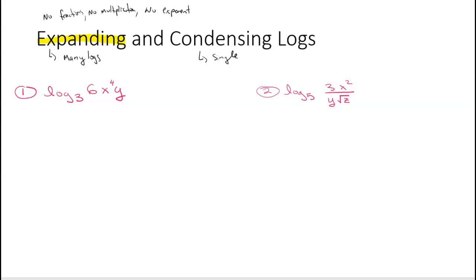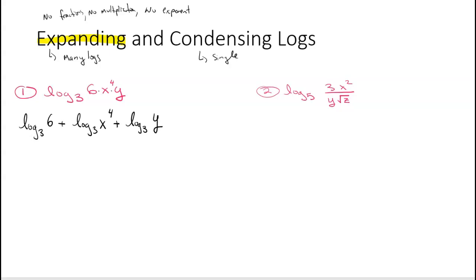So if I take a look at my first example, log base 3 of 6 times x to the power of 4 times y. I don't see any fractions, so I can skip the first one. What I'm going to do is break up the 6, the x, and the y. So this becomes log base 3 of 6 plus log base 3 of x to the power of 4 plus log base 3 of y.